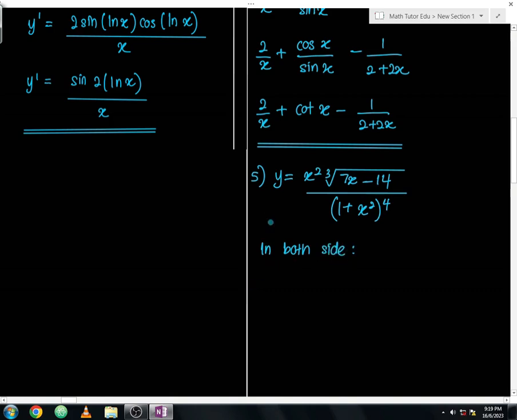So from here it will be natural logarithm y is equal to natural logarithm of the expression in a bracket. Let me just copy paste the equation.